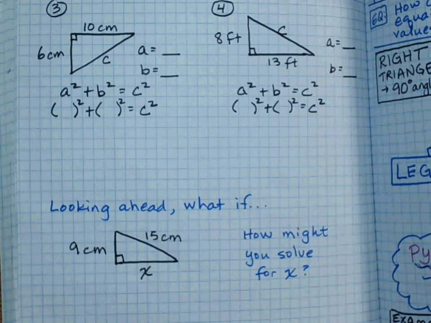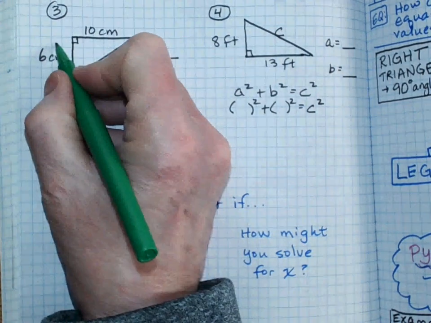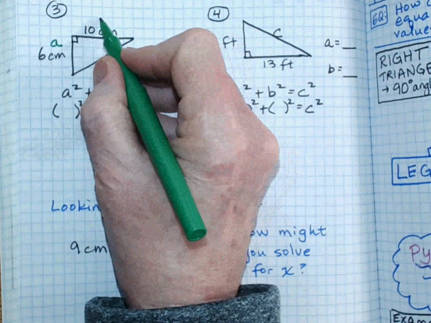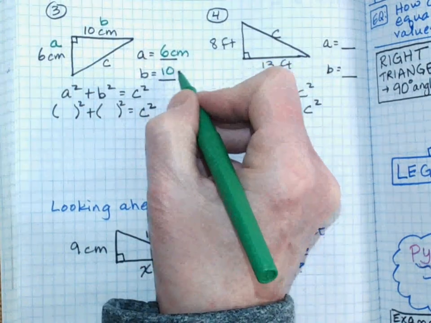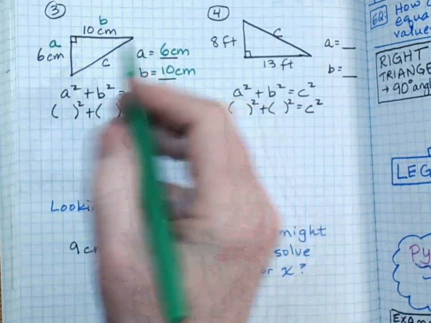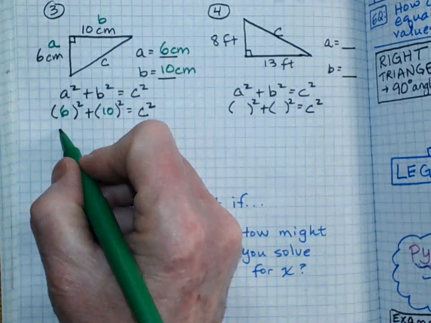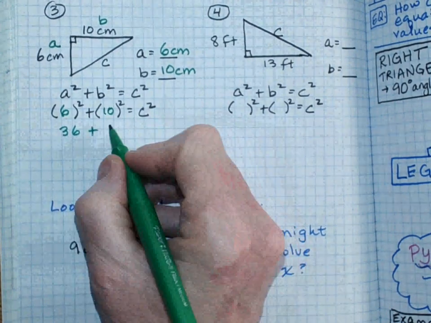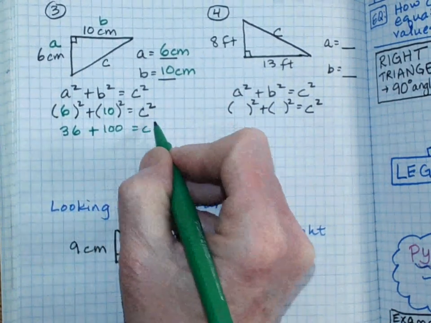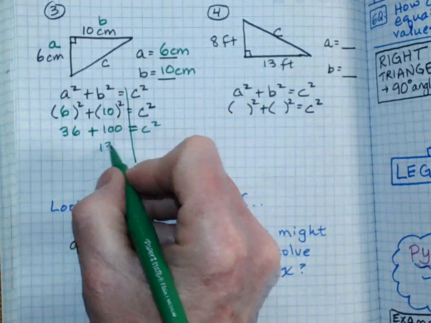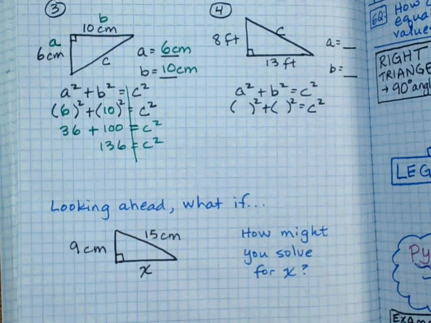All right, let's check your answers. In this problem, it doesn't matter, I will say 6 is A, and I'll say 10 is B. A is 6, B is 10, so I get 36, 10 squared is 100. I don't know my hypotenuse, C. 136 equals c squared.